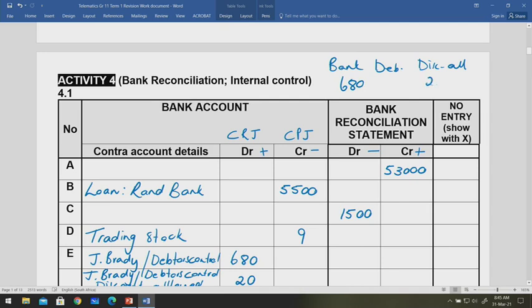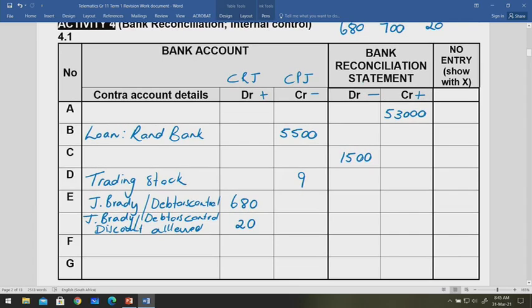We allowed 20 Rand discount, so the debtor will decrease with the 700 Rand. So that is why we credit debtors control with both amounts. And bank will be only debited with 680 and discount allowed will be debited with 20 Rand.